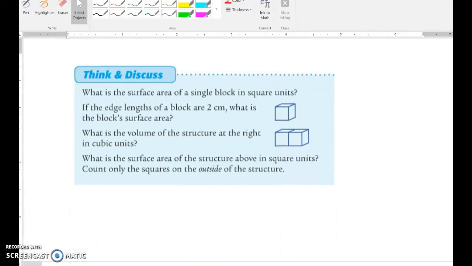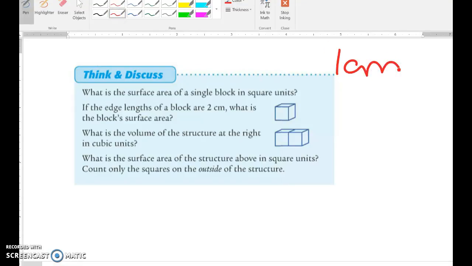So for example, if we took a single block, right, we're going to be playing with the pink blocks and the blue blocks. We've played with them before, and we specifically only looked at the surface, right? We only looked at it 2D. Now we're going to actually look at them in 3D. So if we looked at a single block, let's imagine that it has a side length of 1 centimeter.